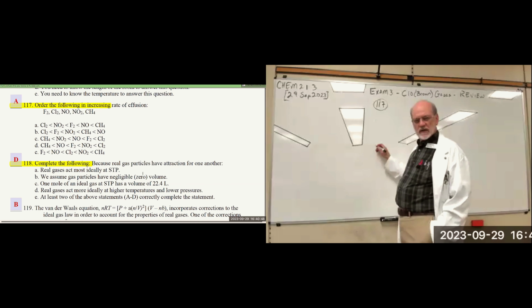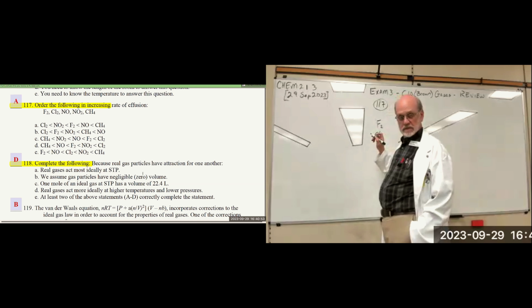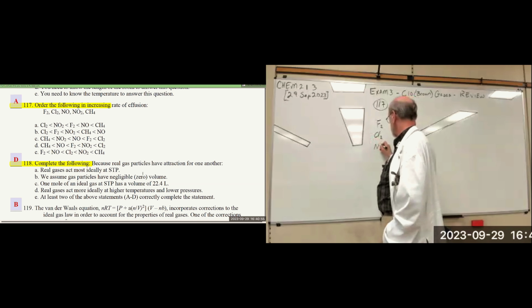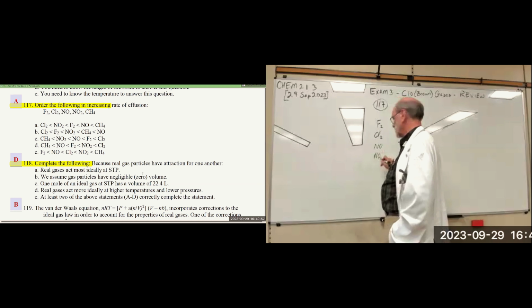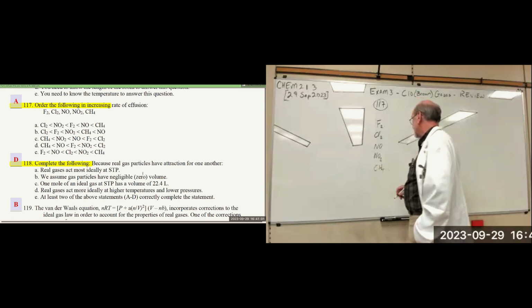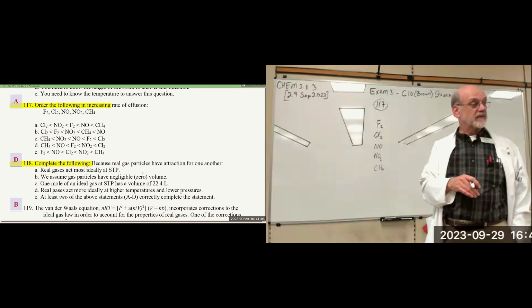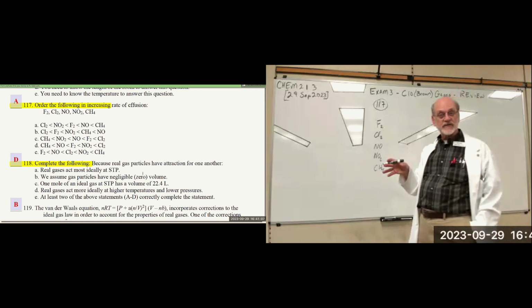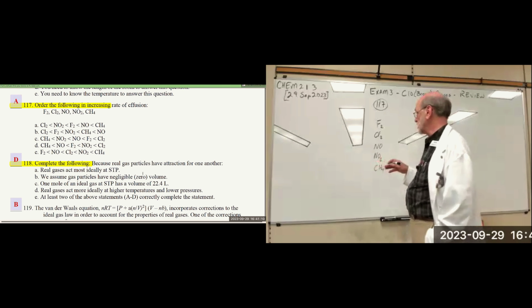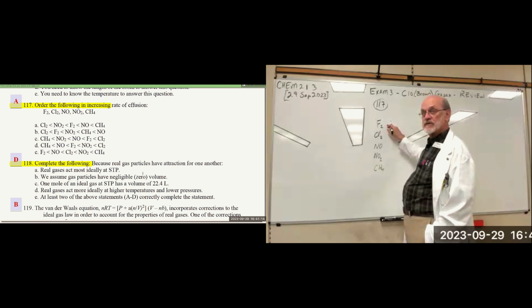So we've got fluorine, NO2, and methane. An estimate of their molar masses will do here. The lightest one is going to move the fastest, have the highest rate of diffusion. So fluorine is 19 times 2, which is 38.